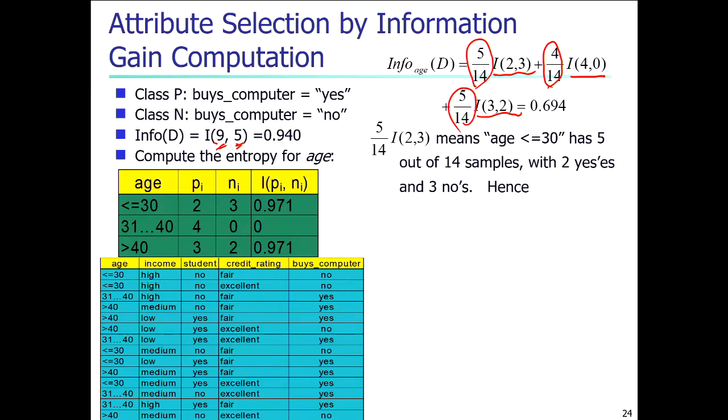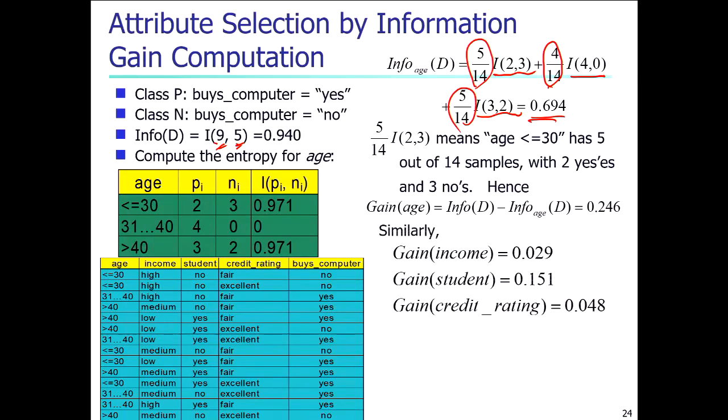Okay, so if you do the math, you will get this value. And the information gain would be the difference between the expected entropy before and after the partition.